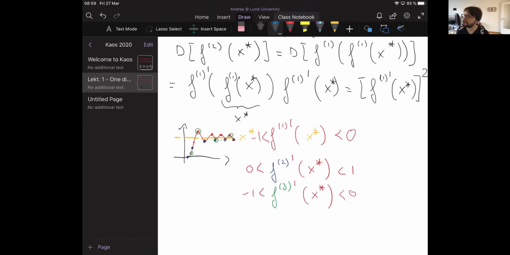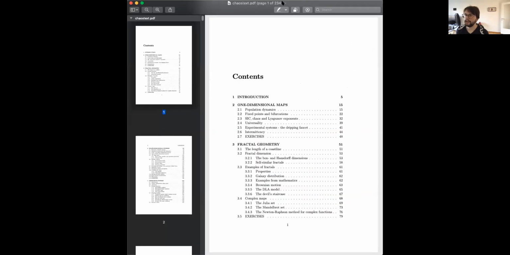So I want to share my screen. New share of, let's see, preview chaos text. Okay. Now you should see the text. So it's not really moving for us. It's not working for you?